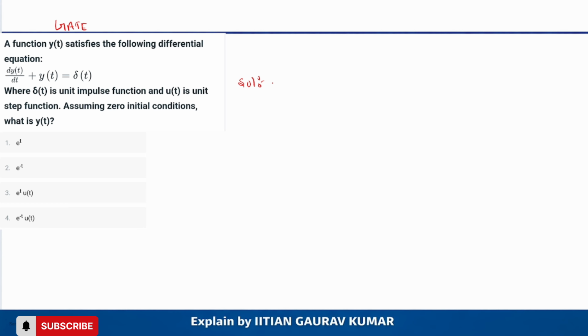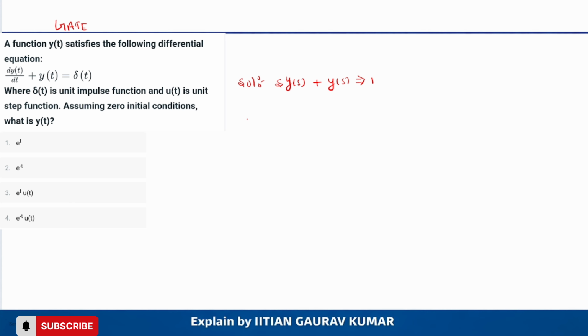So dy of t by dt, what is the Laplace transform of this? It is s into Y of s. And y of t we can write as Y of s. And delta t, what is the Laplace transform of delta t?